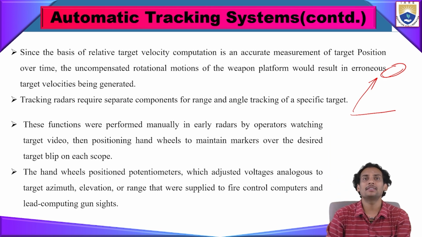So these functions were performed nearly by the radars, watching the target video, then positioning the hand wheels to maintain the markers over the designated target blip on its scope.